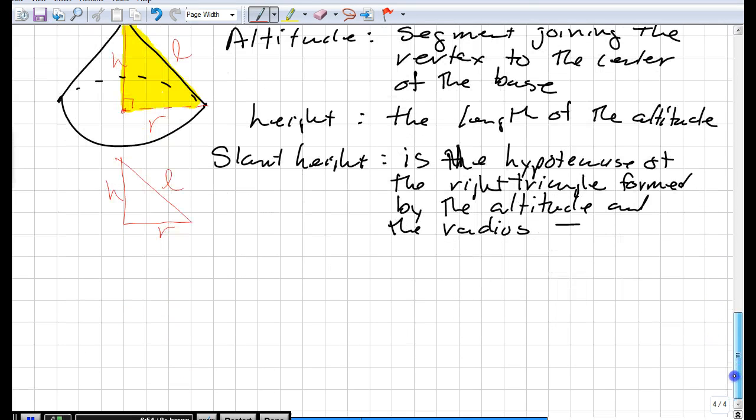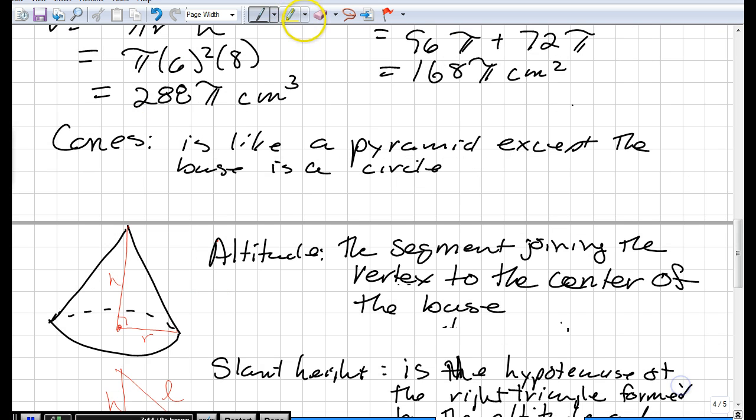And here are the theorems for the formulas involved with cones. Right, cones. A cone is like a pyramid, except the base is a circle.